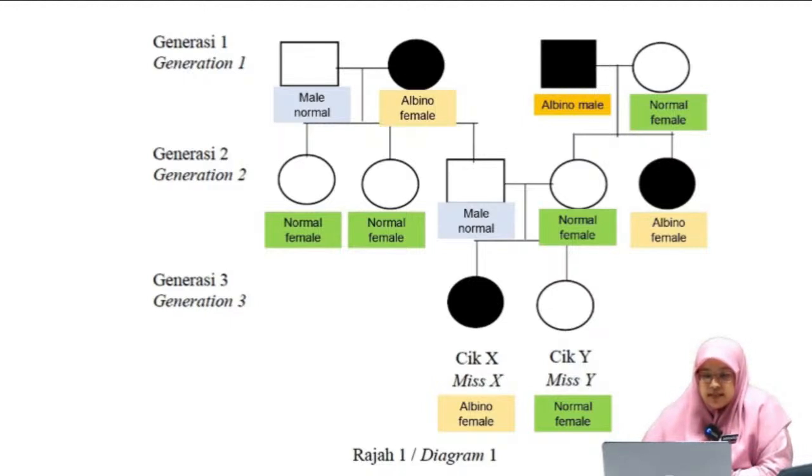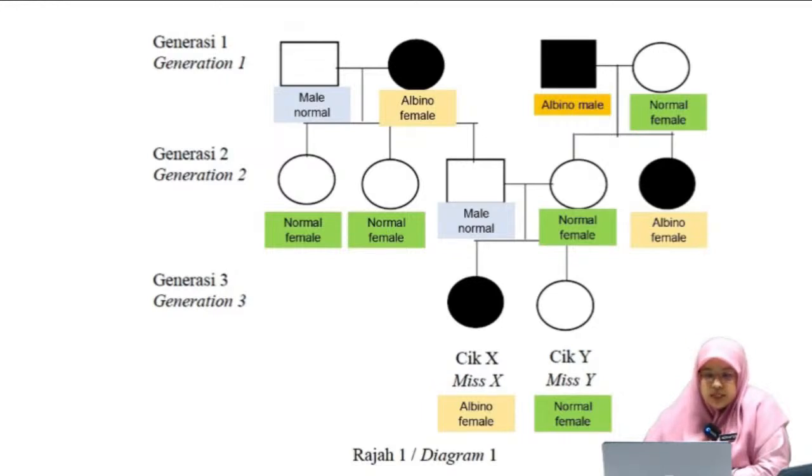Next, in the second generation, a normal male married with a normal female, and their children are an albino female, represented by Miss X, and a normal female, represented by Miss Y. If you have a pedigree lineage, you need to write down each part of the diagram, each shape. You need to analyze the diagram so that you can do the essay part.